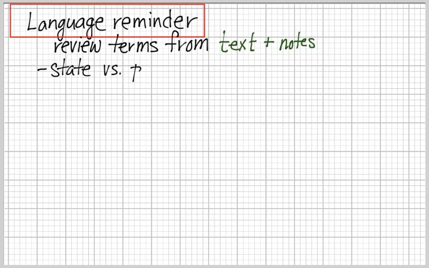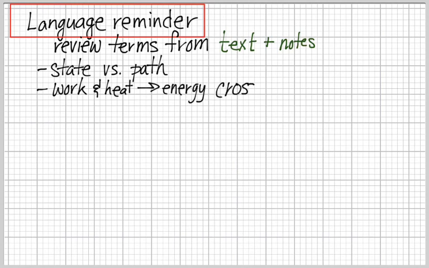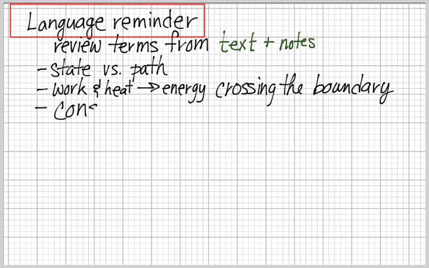So I'd like you to review the terms that you've been finding in the text and in your notes, such as what is a state versus a path, what is work and heat. Know that we've just described it as energy crossing the boundary, right? States are energy addresses, paths are associated with processes. Again, the textbook itself will have more specific definitions.